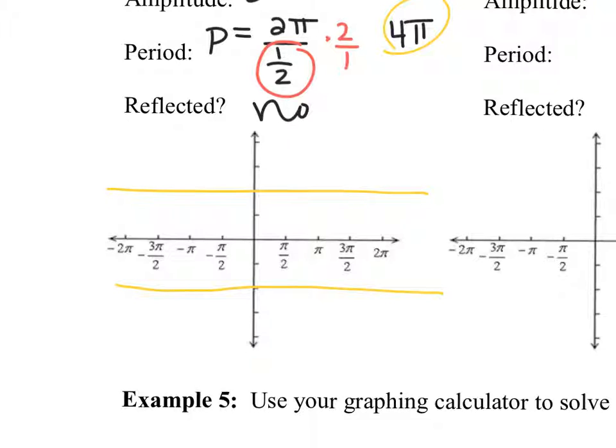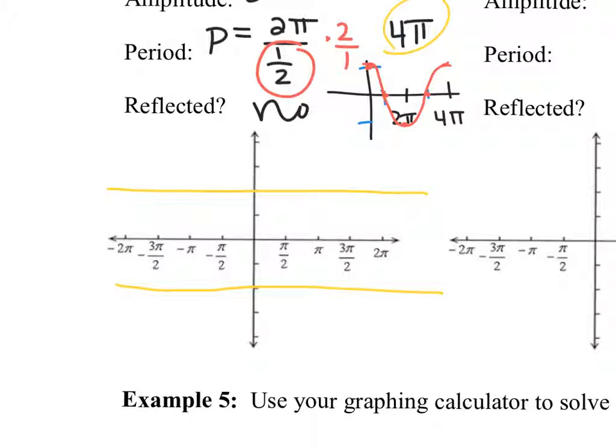So if I did have a scale that was 4 pi right here, and this was 2 pi, I'm going to split up my 4 pi into fourths, so 2 to negative 2. The cosine function, because it's positive, starts at the top. So it's going to go max, 0, min, 0, max. And it's going to kind of make a U, okay?